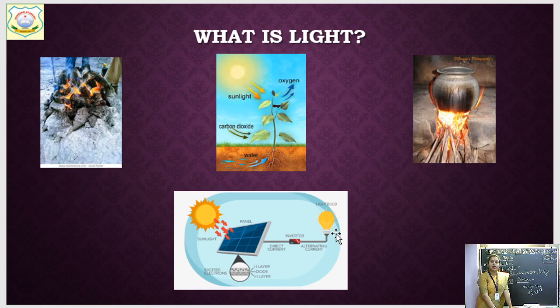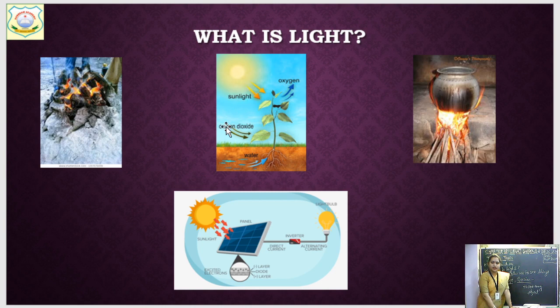So what is the ultimate source? The ultimate source is the sun. The sun is giving something to the solar panel, and with the help of that, electricity is flowing.